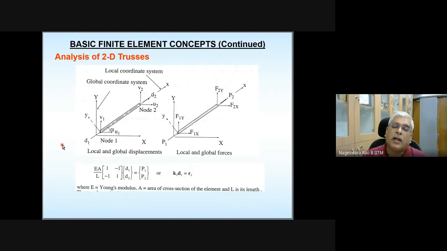If you want to get a feel for it, take the example problem that we discussed, which I'm going to go through once again in today's class. Change the node numbers and see how, if you are not careful, you are going to get absurd results that don't make any sense.